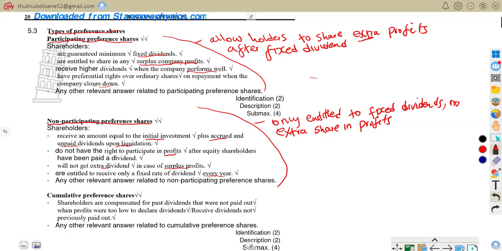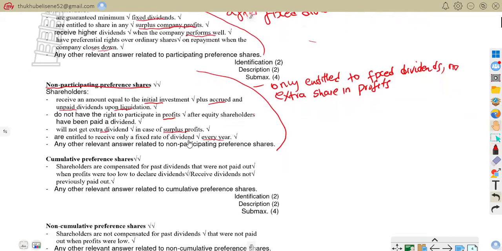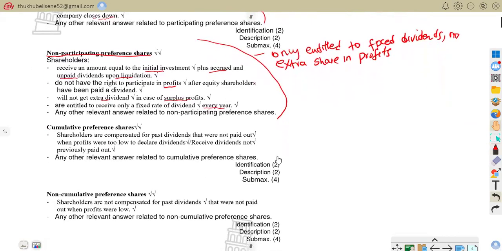So now let us move on to cumulative preference share. With cumulative preference share, you're talking about unpaid dividends that are going to be accumulated.